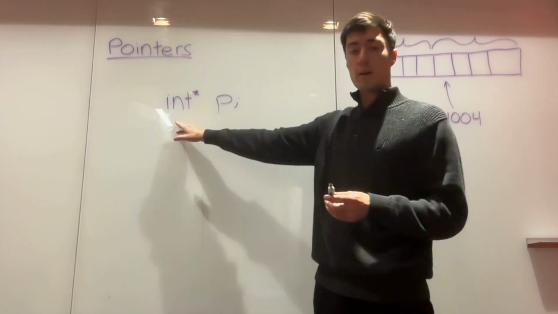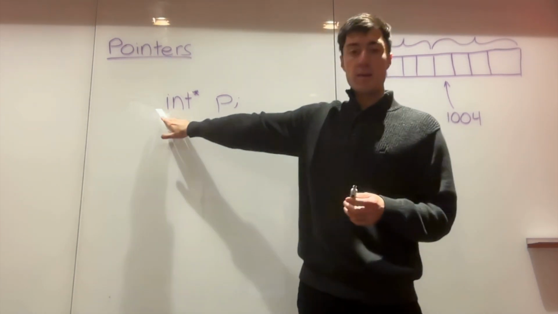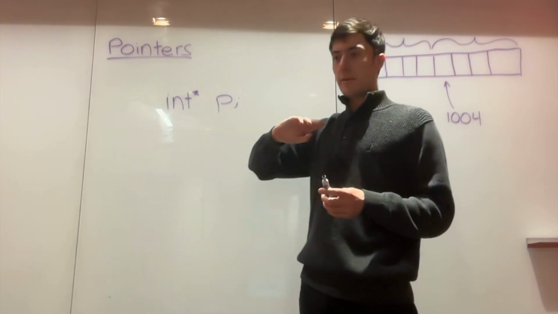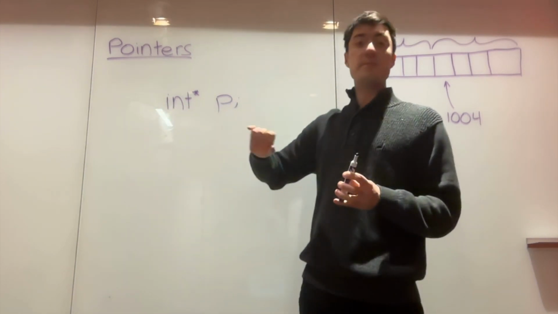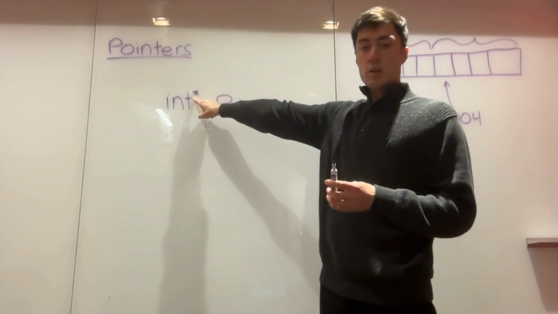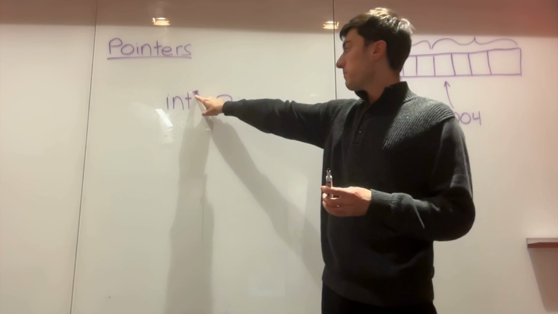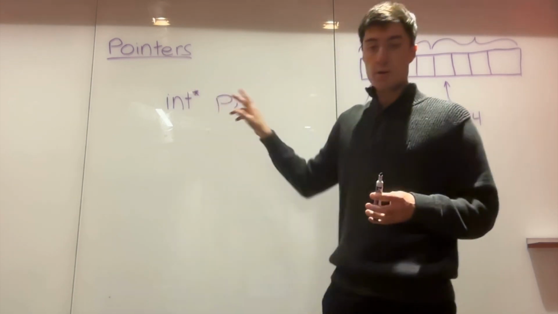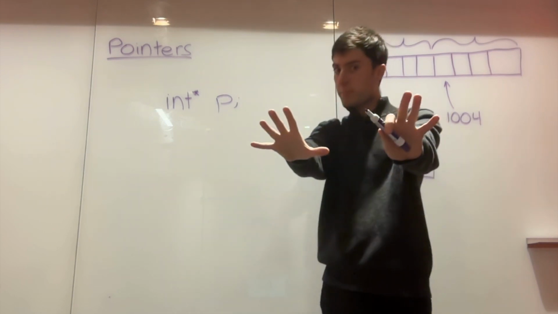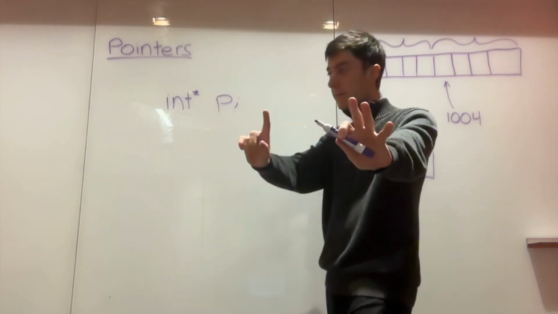So here it is, right here. You have some type, right? An integer, a float, a char, unsigned long, right? You have some declaration, and then right next to it, you have a star, and then the variable name. Okay, so when you see that star, all of a sudden you say, hold up, okay?